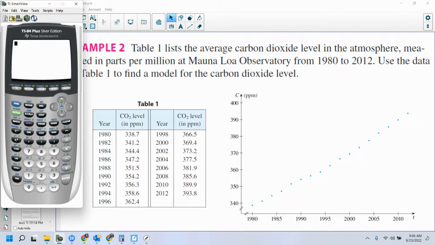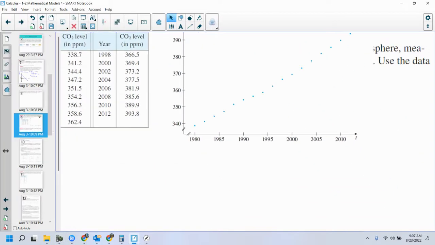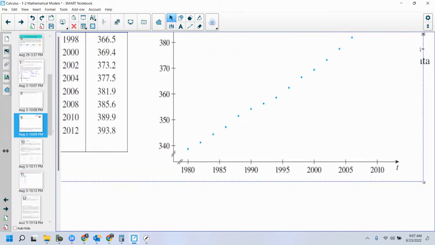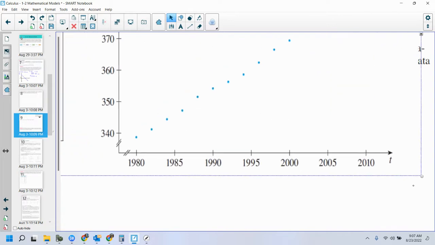Okay. All right. So remember, you go to Stat, and then you hit Edit. I got nothing in my list. I haven't done this in a while then. And then you're going to input all your data. Okay, I'm gonna zoom in on this table so you guys can see it a little bit better. I would try to do this along with me just in case you have any issues or anything.